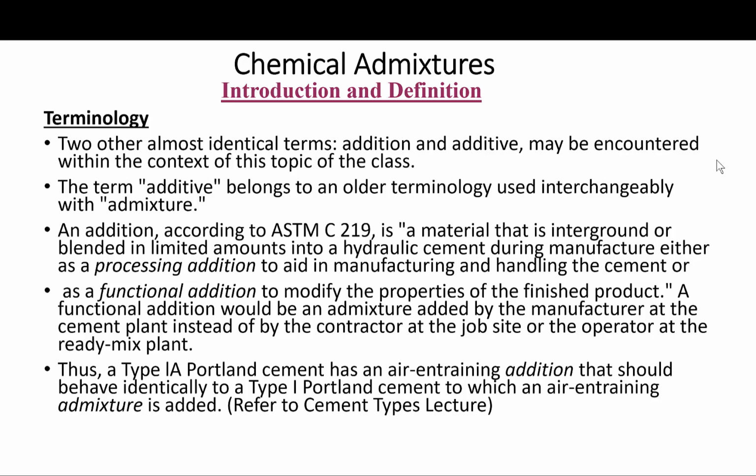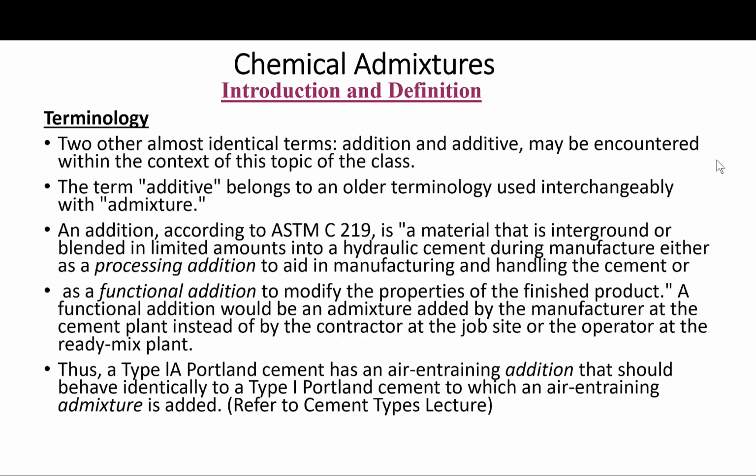A functional addition would be an admixture added by the manufacturer at the cement plant instead of the contractor at the job site or the operator at the ready-mix plant. So type 1A Portland cement has an air entraining addition that should behave identically to type 1 Portland cement, to which an air entraining admixture is added.